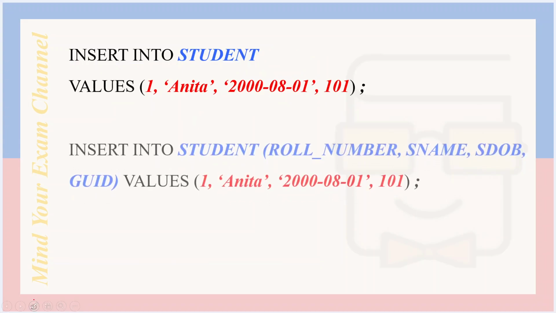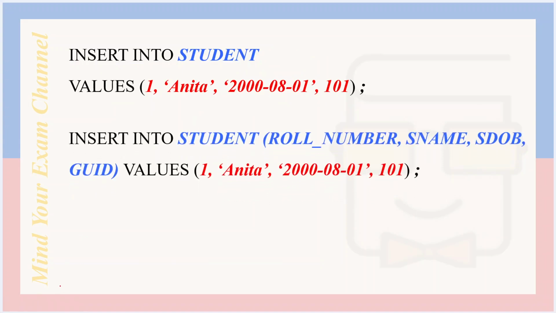Now another scenario that we saw just now was that you specify in which attributes you are inserting values. In the same case as the first example, this particular command can be written like this also, where we are explicitly writing the names of the 4 attributes in which we are inserting the values.